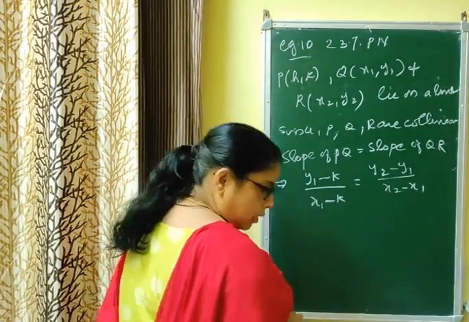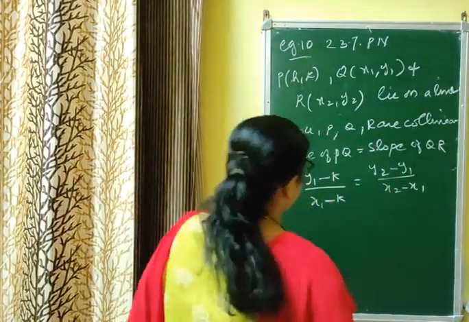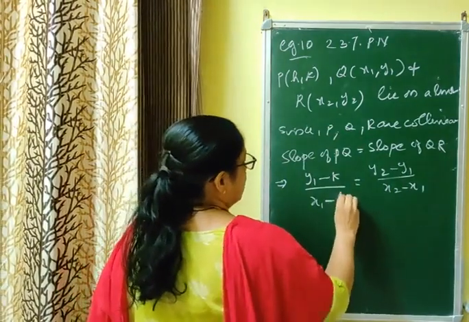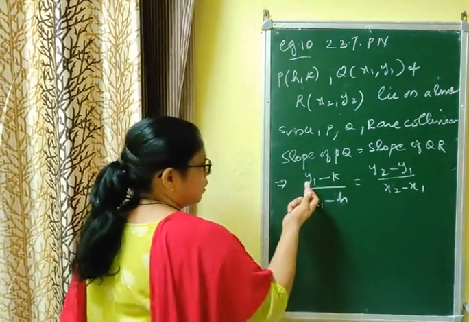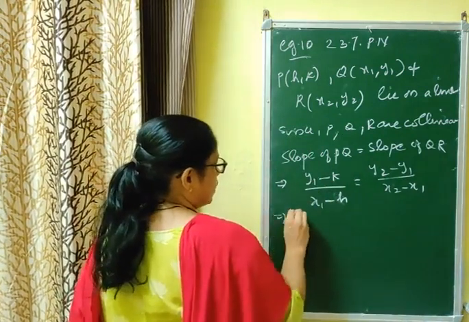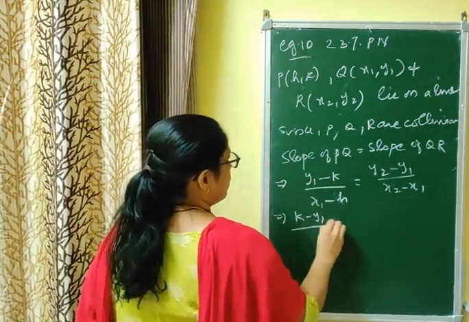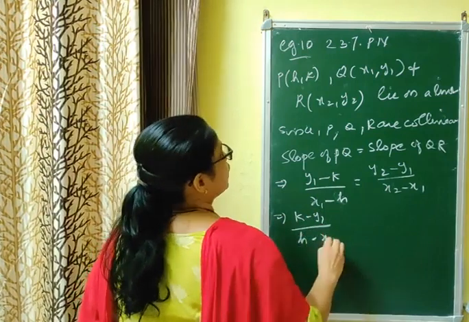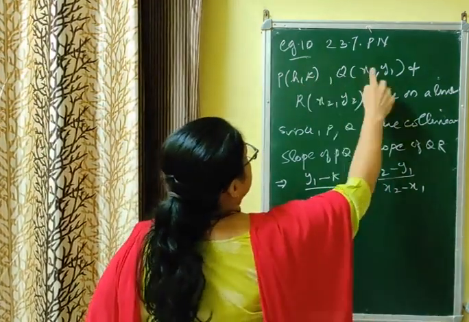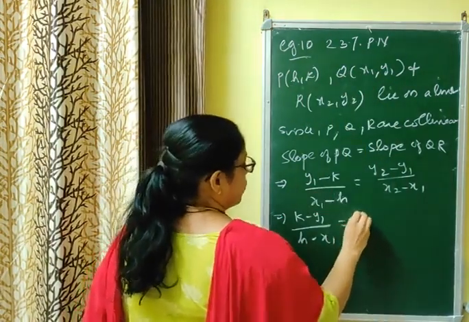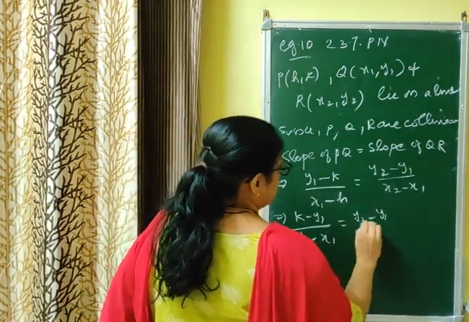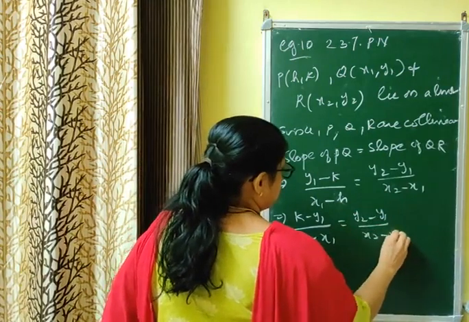But in the question, the points are given as h minus x1 and k minus y1. So you can take the negative sign, and on the left side you will get k minus y1 upon h minus x1. Just by taking the negative sign common, you get y2 minus y1 upon x2 minus x1.